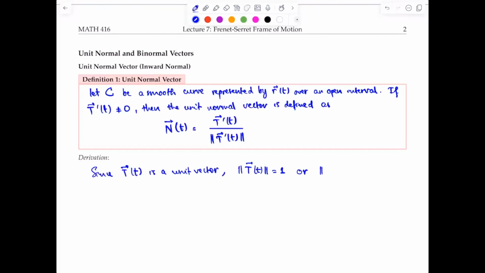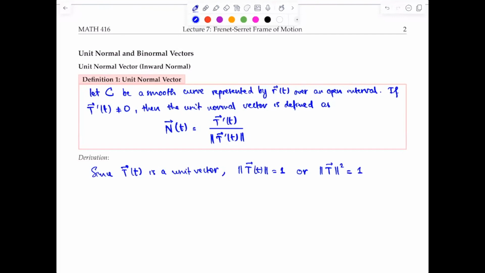Or the magnitude square, it is equal to 1, right? You just take a square on both sides of the equation. But now in terms of the dot product, there's the property that we covered when we talked about the dot product, that the magnitude square is equal to the dot product of the vector with itself, right?